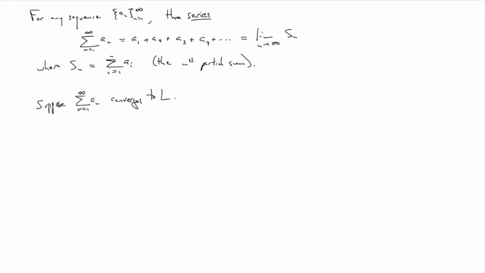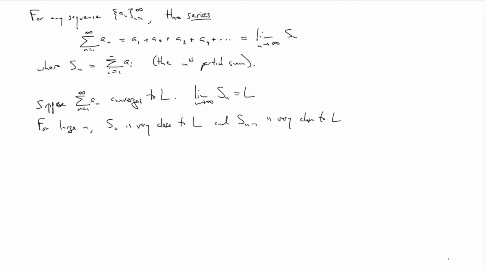Now, suppose we have a series, sum n equals 1 to infinity of a sub n, that converges to some value L. That's the same thing as saying that the limit as n goes to infinity of the sequence of nth partial sums s sub n is equal to L, which is to say that for very large values of n, the nth partial sum s sub n has to be very close to the value L. And since we're talking about very large values of n, it doesn't really matter if we're talking about the nth partial sum or the n minus 1th partial sum.